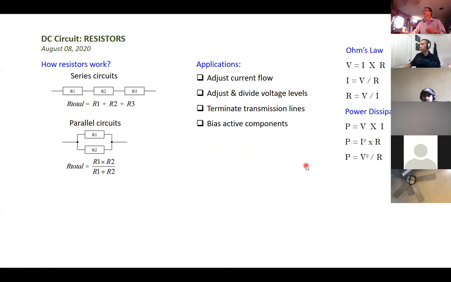Okay? V has to be in volts, I has to be in amperes. If you get any question, stop me, okay? We don't have any more chance to go back.